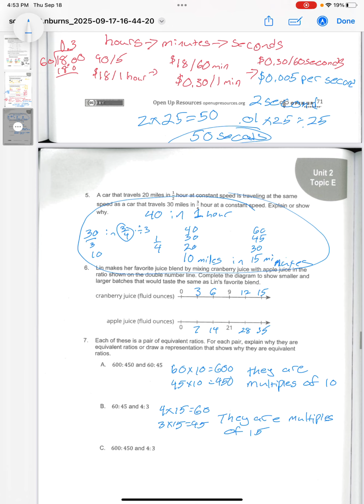And then 4 to 600, well, 4 goes into 600 150 times, and that's 150. So they are multiples of 150. And that's it.